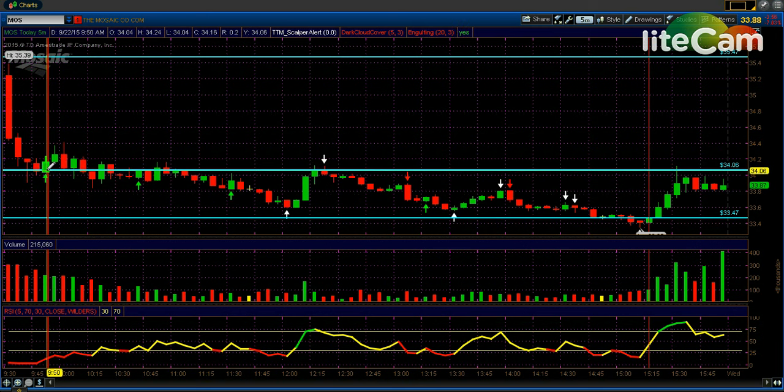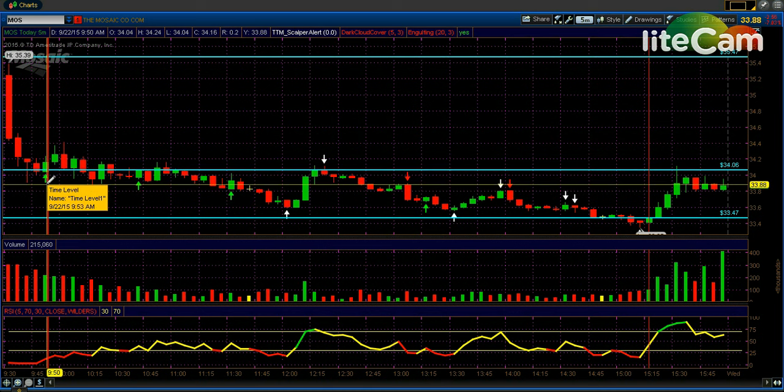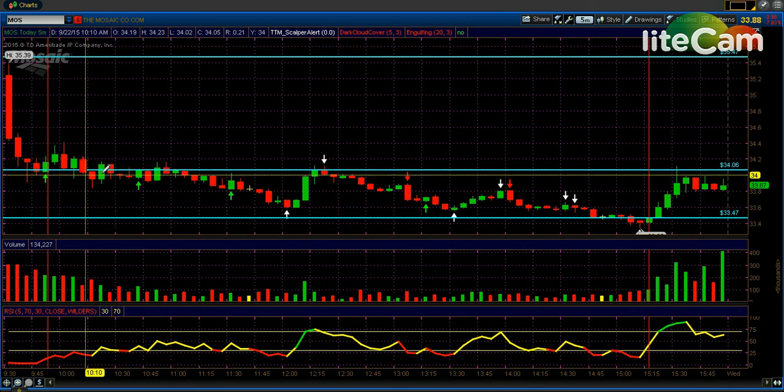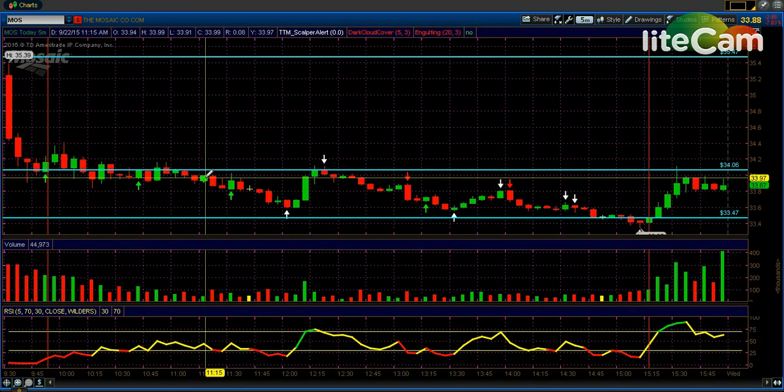And if you see here, this red time trend line and the horizontal blue line, this is the time and the price that I entered the trade. So the price was $34.06. So I sold, I think it was 1,000 shares at this time and at that price. Right, and you can see how the trade went after that.